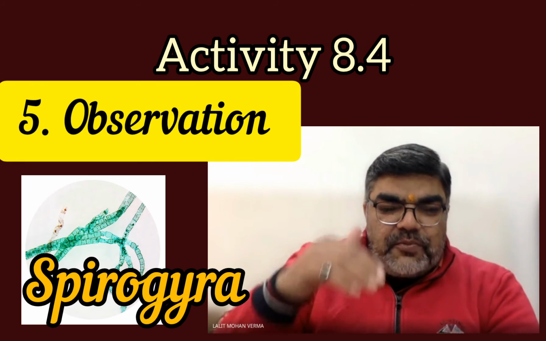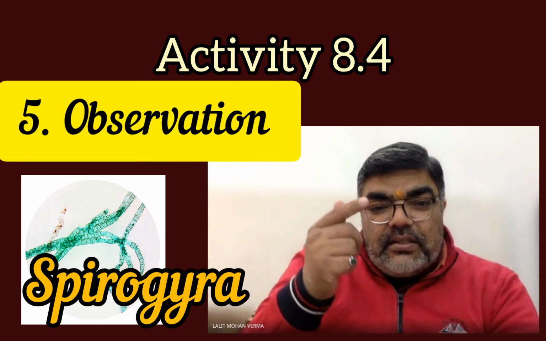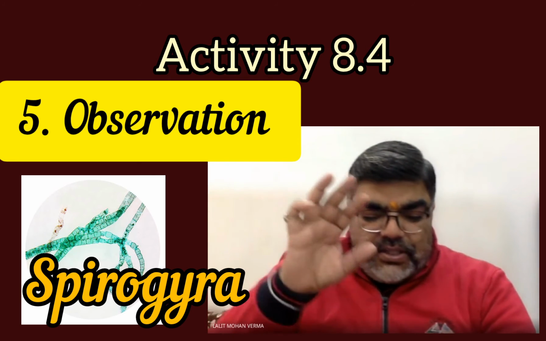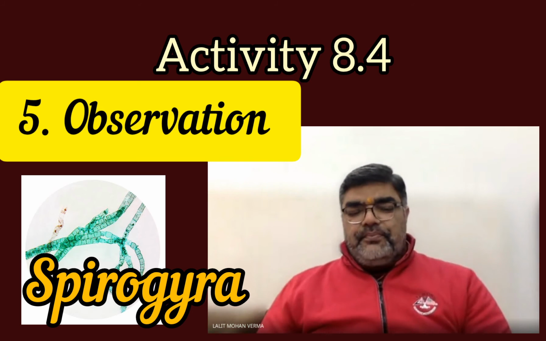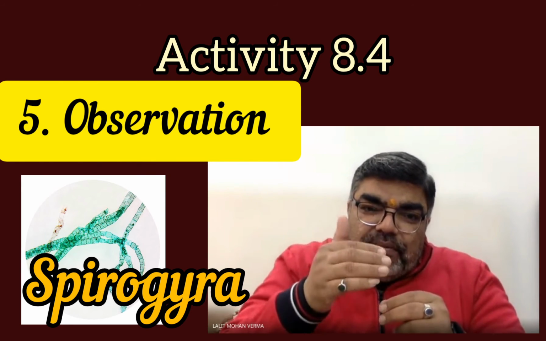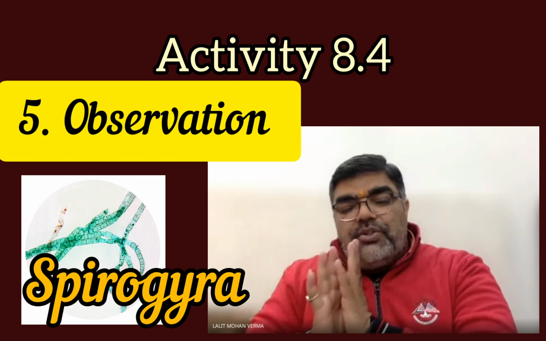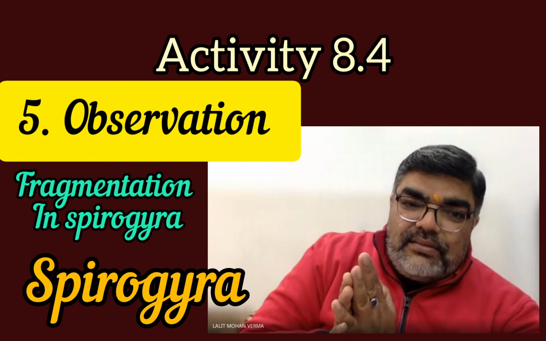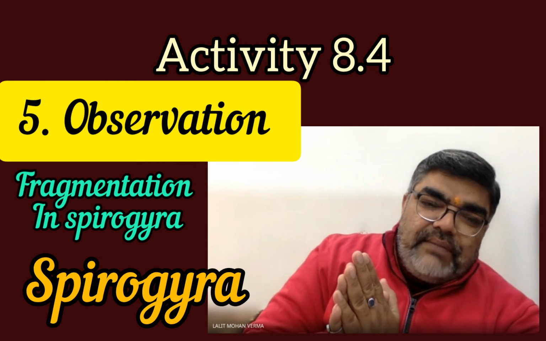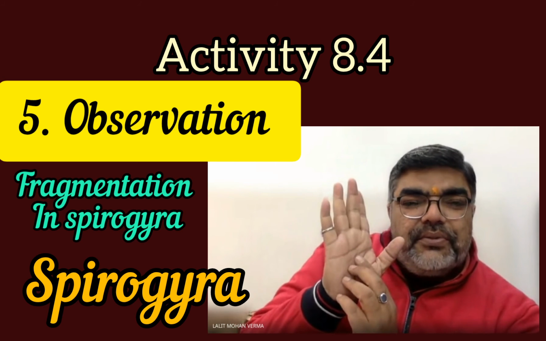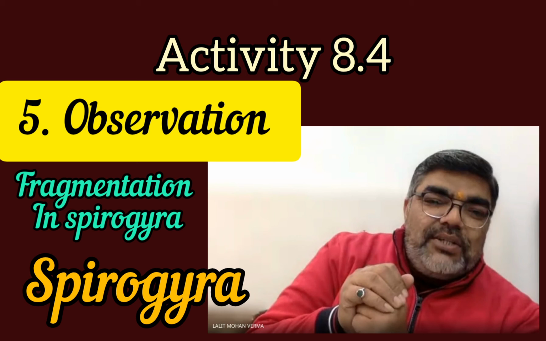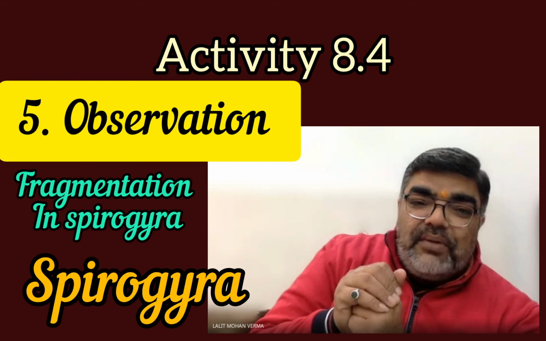You know, Spirogyra can simply break up into smaller pieces upon maturation. When it gets its maturity, it divides by itself into some fragments, and each fragment will produce a new individual. This is asexual reproduction in Spirogyra.